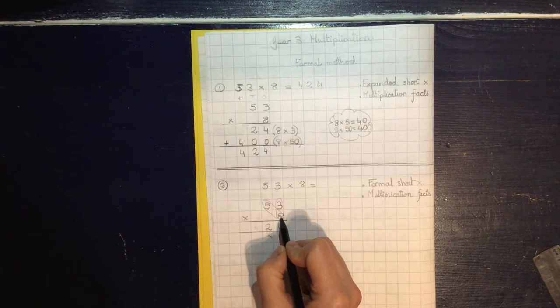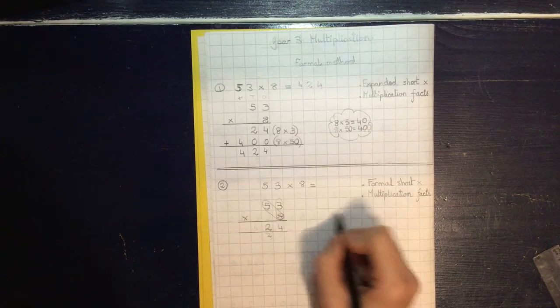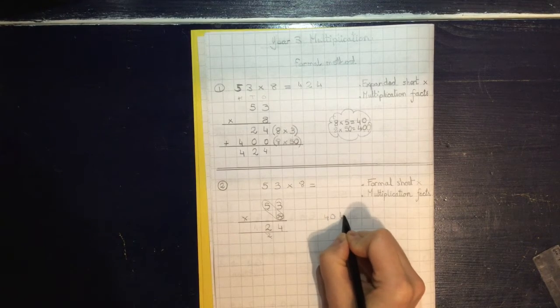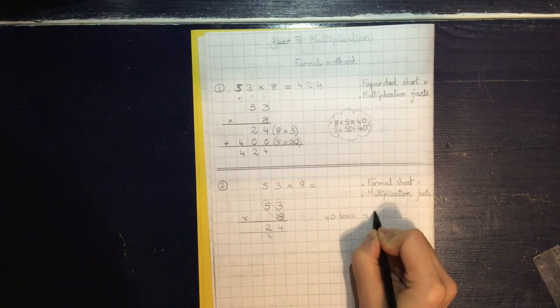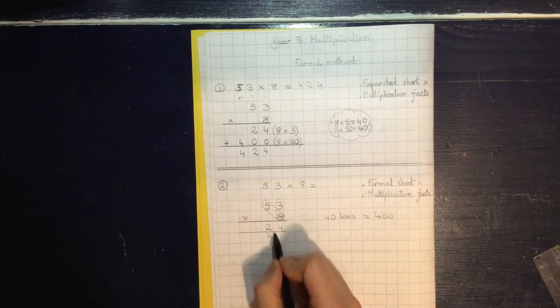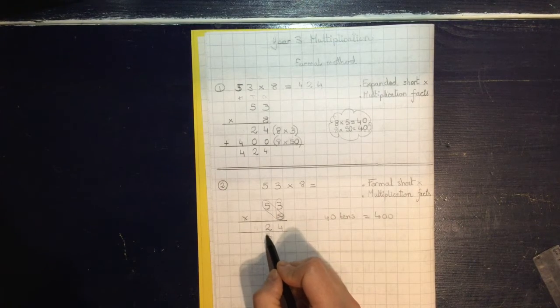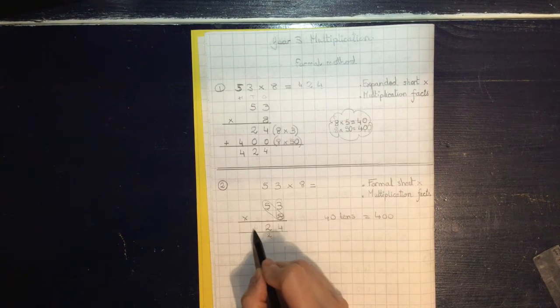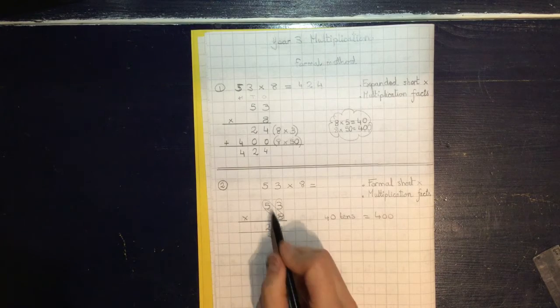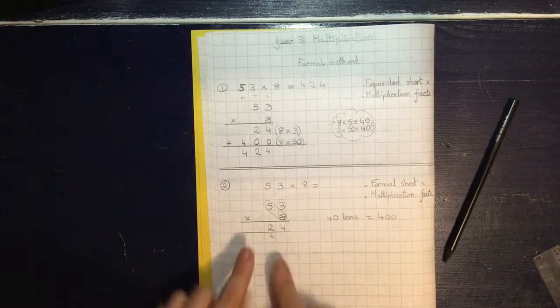Okay, so 8 times 5 tens equals 40 tens. Okay, because 40 tens equals 400. Yeah, but it's easier to see it when we want to align it. So 40 tens plus 2 tens equals 42 tens. And this would be the formal short multiplication.